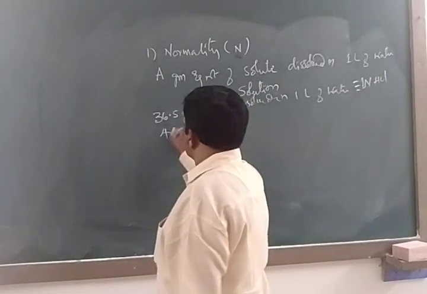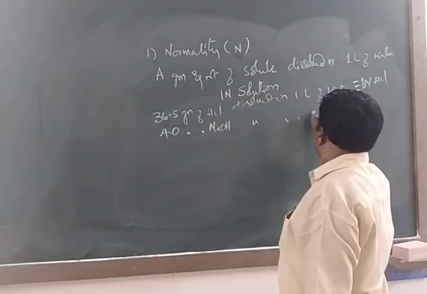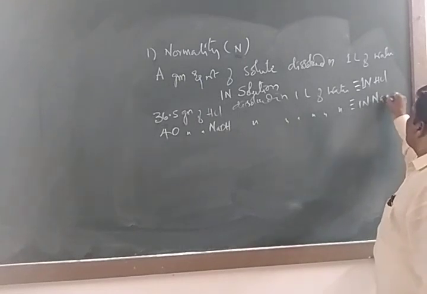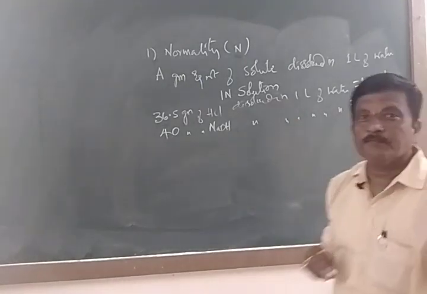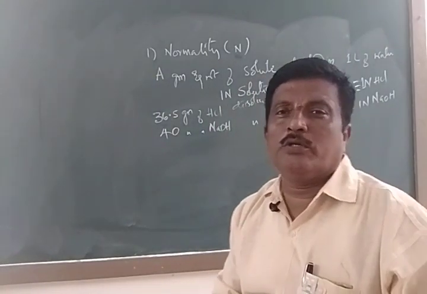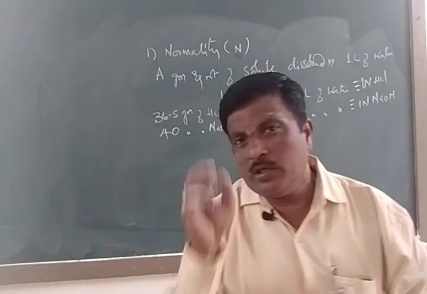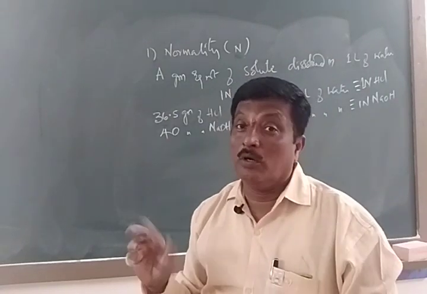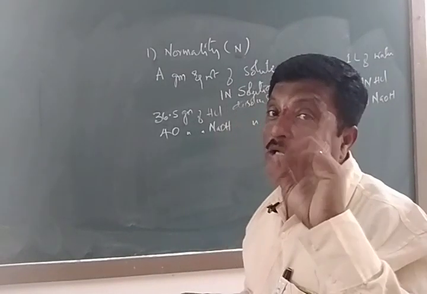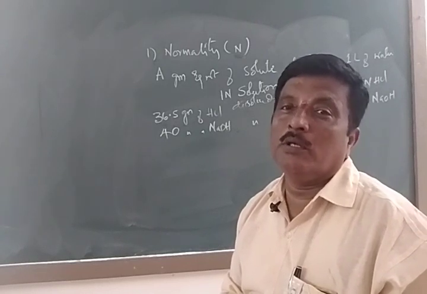Similarly, 40 grams of NaOH dissolved in 1 liter of water is called 1N NaOH. Is it clear? Means a gram equivalent weight of a solute dissolved in 1 liter of water or 1 liter of solvent, or a gram equivalent weight of solute present in 1 liter of solution is called a 1 normal solution.